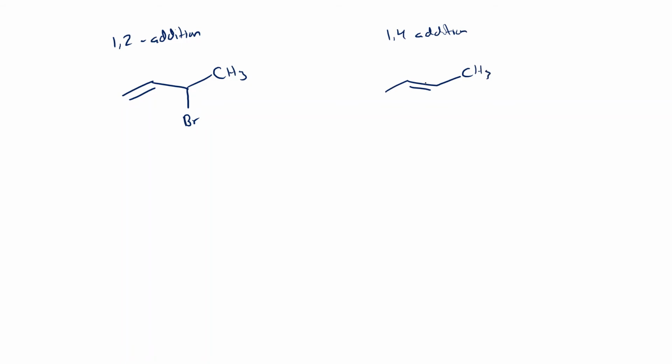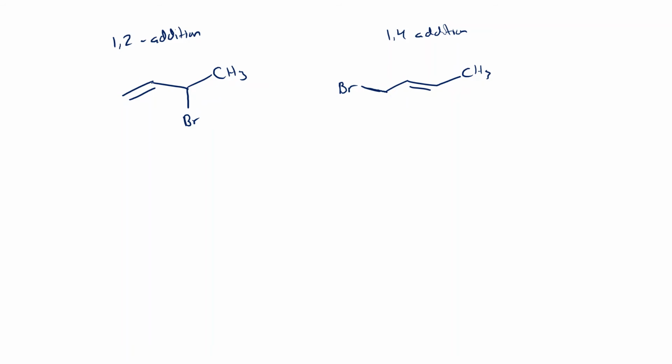All right, so our 1,2 addition product is this one here. And 1,4 addition is this one here. And so the difference between these is basically where the double bond is. We have a secondary bromide versus a primary bromide.